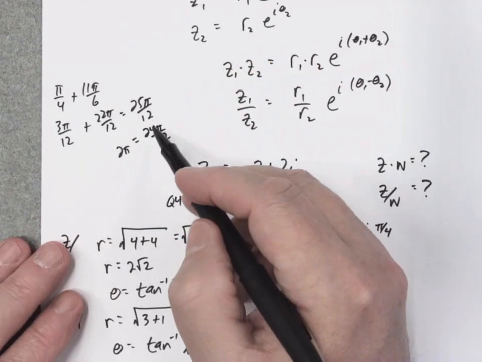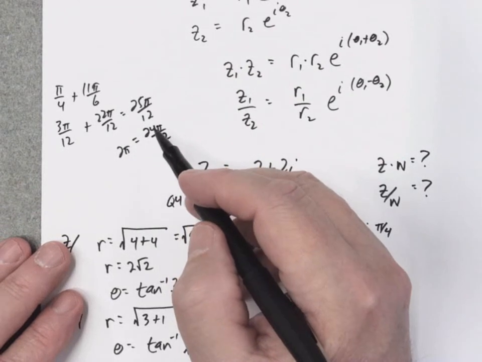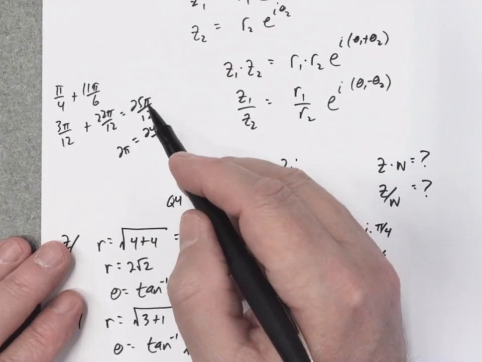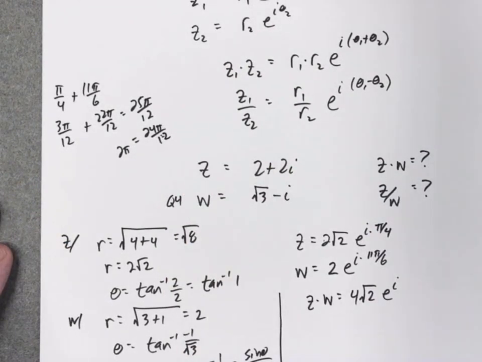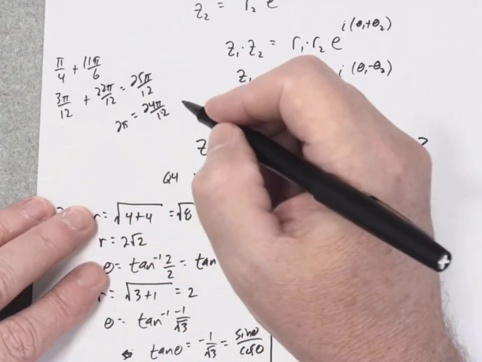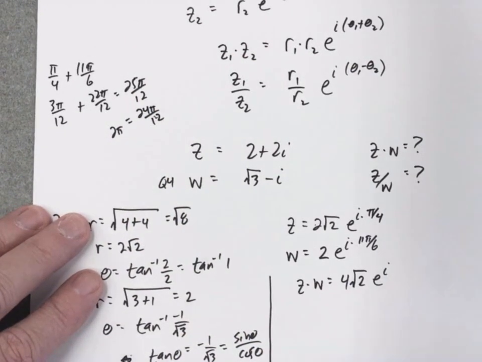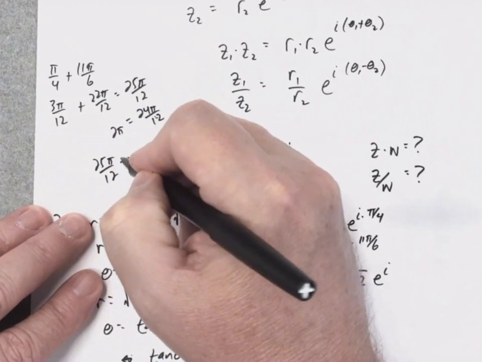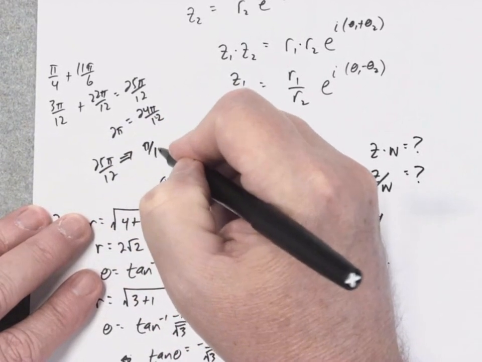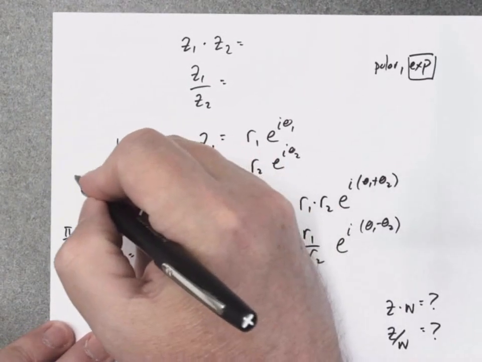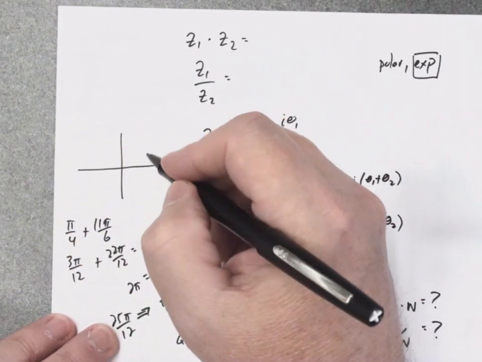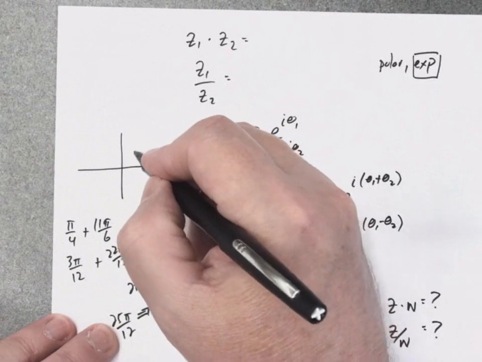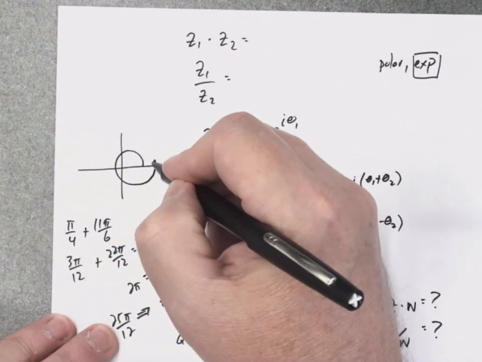So hopefully you can see that this exceeds 24 pi over 12 by pi over 12. This is like coterminal angles, so 25 pi over 12 is the same thing as pi over 12. Just to be clear, 25 pi over 12 is probably right about here.